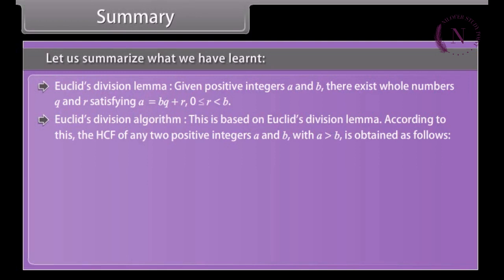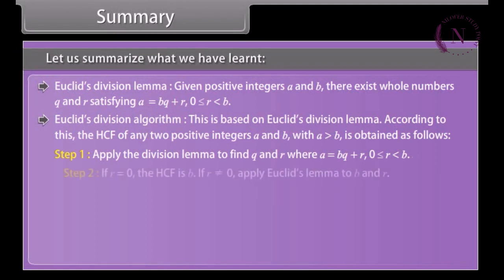According to this, the HCF of any two positive integers a and b, with a > b, is obtained as follows. 1. Apply the division lemma to find q and r, where a = bq + r, 0 ≤ r < b. 2.